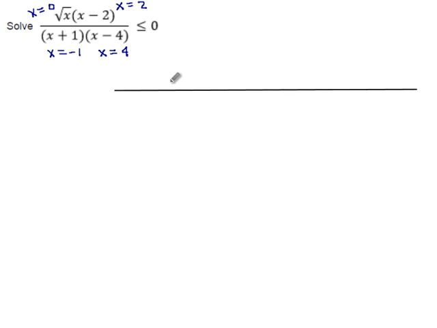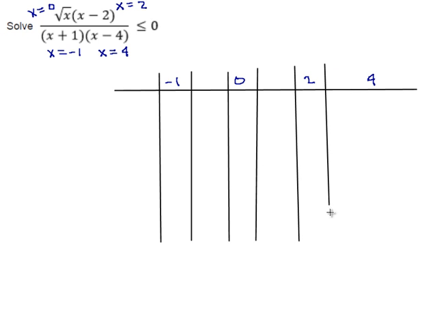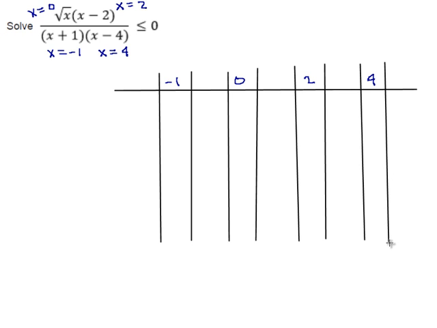In order from left to right, they are minus 1, 0, 2, and 4. And we're going to look on and between each of those sets of numbers. Here's our chart. In some charts, they don't show evaluating at the numbers, but I recommend it. It's definitely helpful, especially when you have an inequality where there are sometimes discontinuities right at those numbers. It's good to know if they're defined at these points or not instead of having to guess.